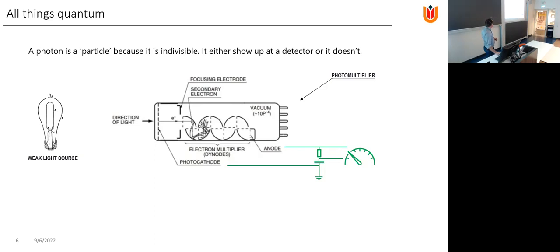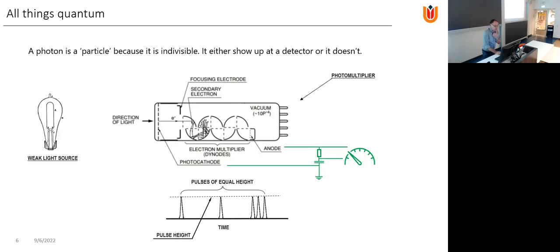So that weak light source emits one photon at a time. So if we do this experiment in time, what we would see every now and then is a pulse that arrives when a photon hits that detector, and then after some time another pulse, and then at some other time another pulse, and another one, and another one.